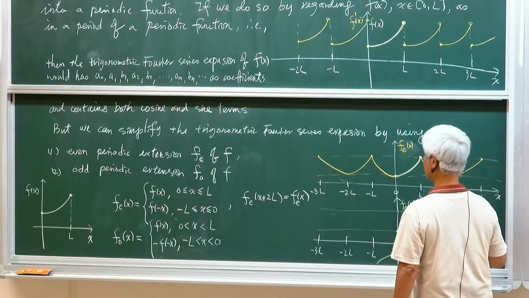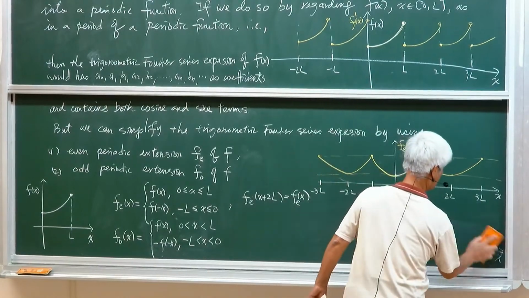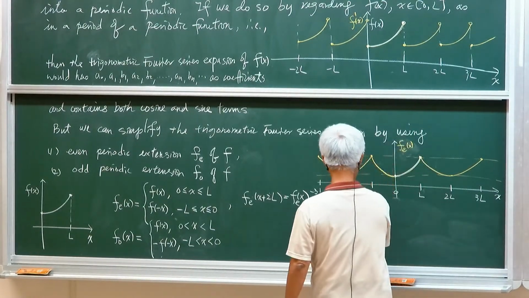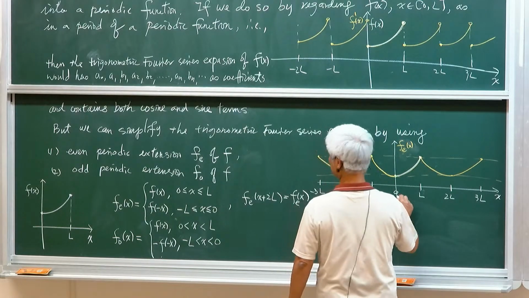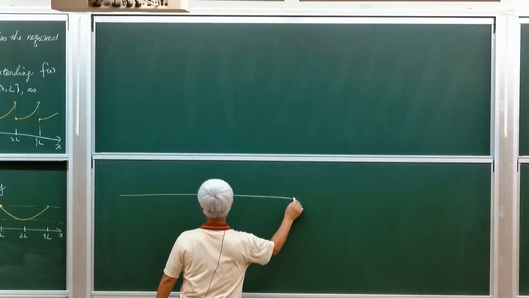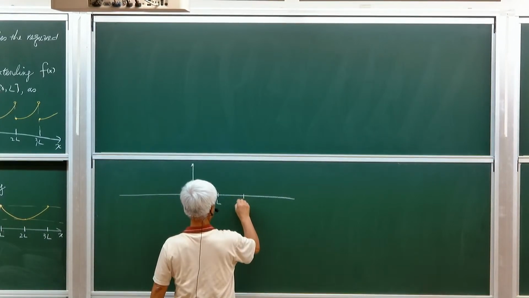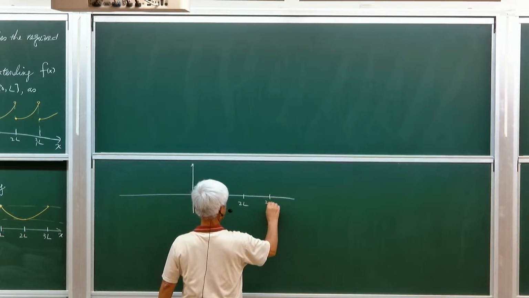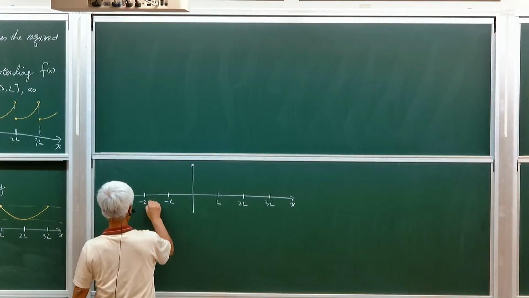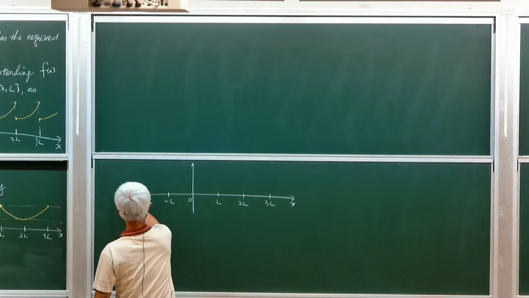So minus L, minus 2L, and minus 3L, and this is 0.